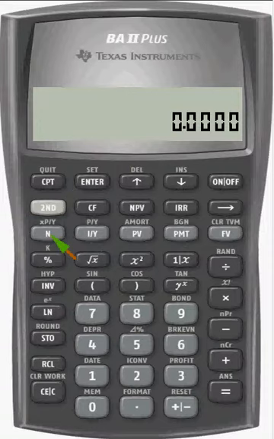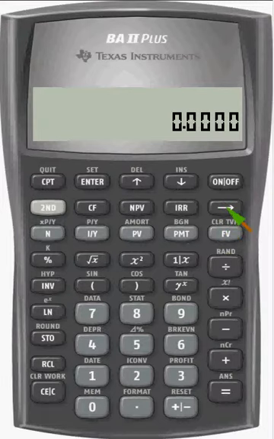N is the number of payments or periods. I/Y is the period interest rate. PV, present value. PMT, payment. FV, future value.